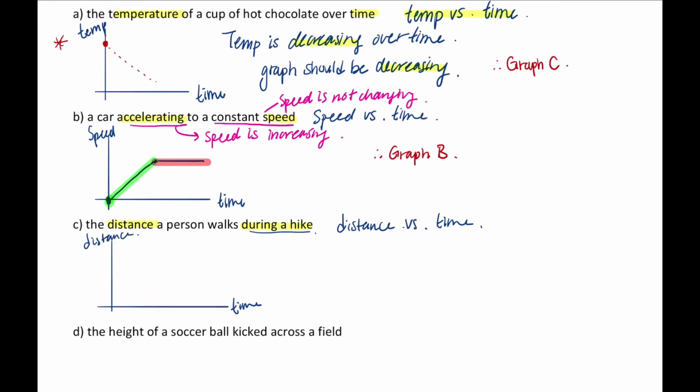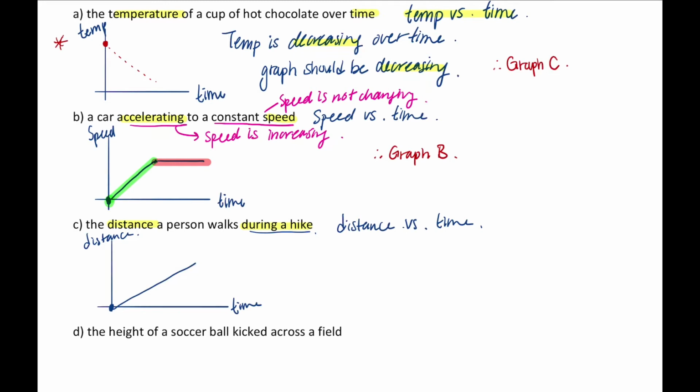This person starts at 0 because in the beginning of the hike, you don't really walk, so the distance is 0. And then the distance will increase over time. Would it ever decrease during the hike? Can you undo your walk or go backwards, go negative walks? No, you probably can't.